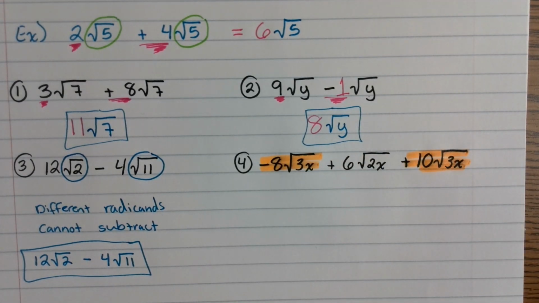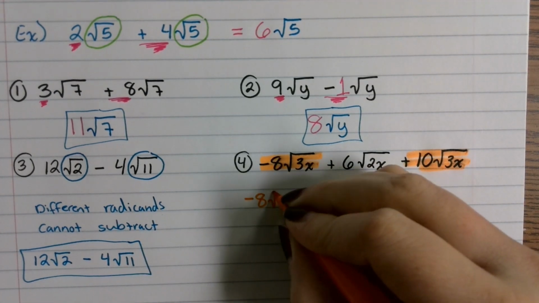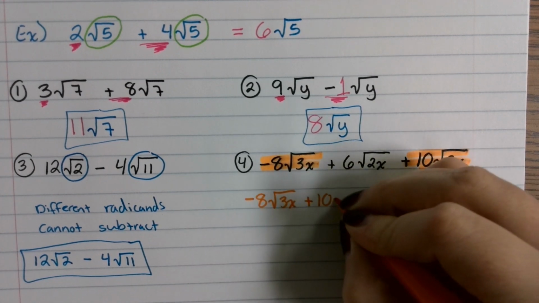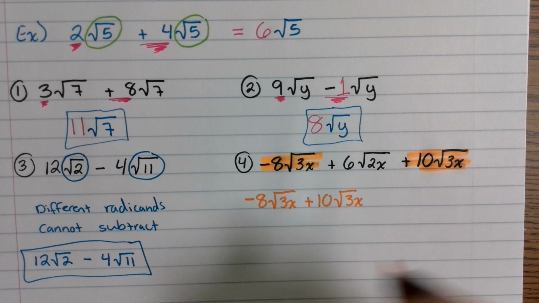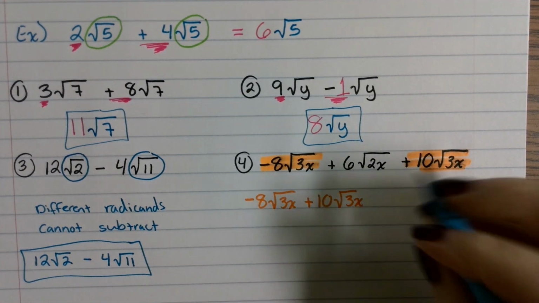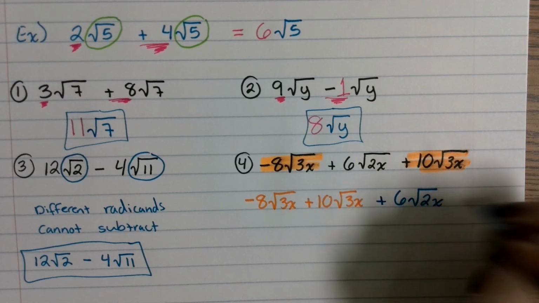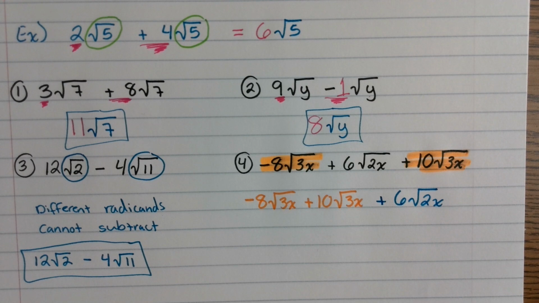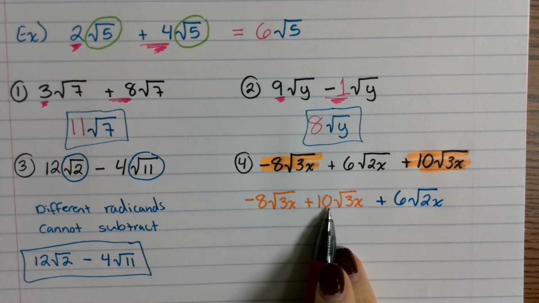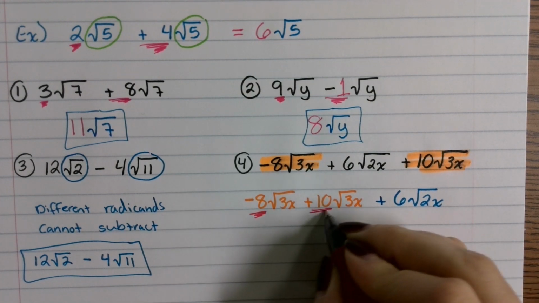So if I were to go ahead and rewrite it as negative 8 square root of 3x plus 10 square root of 3x, those I can go ahead and combine, but this plus 6 square root of 2x cannot, so I'm going to put it off to the side. And what do we get when we combine a negative 8 square root of 3x and a positive 10 square root of 3x? 2.